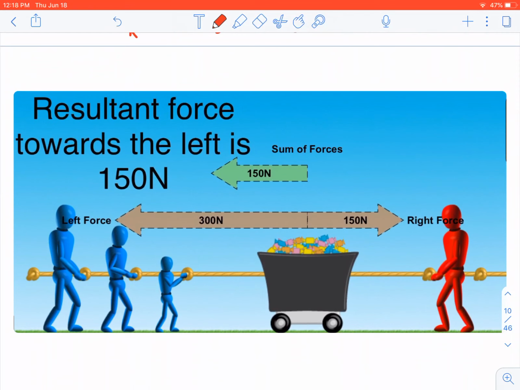Here we have a force of 150 newtons, and this side we have a force of 300 newtons. And this tells us that we're going to have a resultant force towards the left.